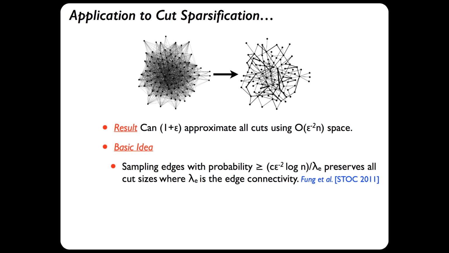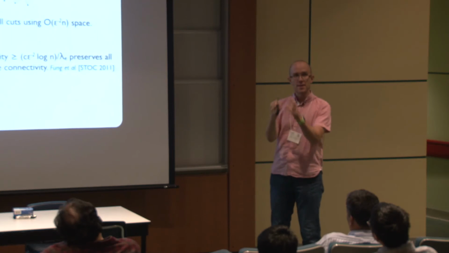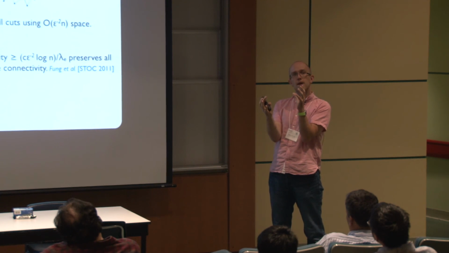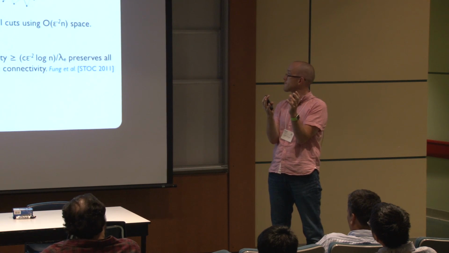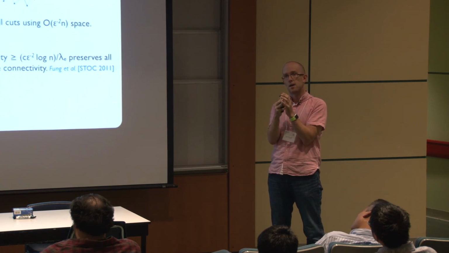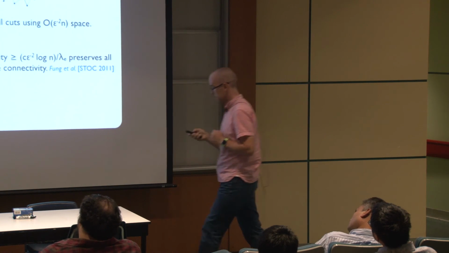So there's a nice result by Fung et al. from STOC 2011 that says if you sample every edge in the graph with probability roughly polylog divided by the edge connectivity of that edge, and look at the sampled graph, then the sizes of all the cuts are preserved with high probability.